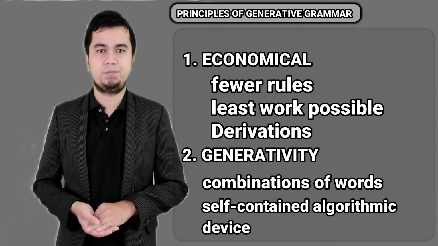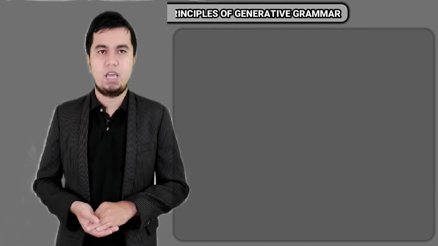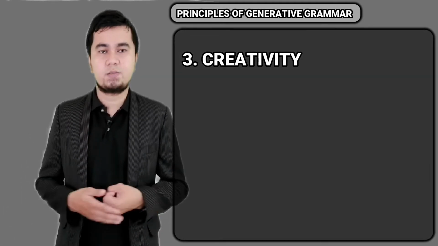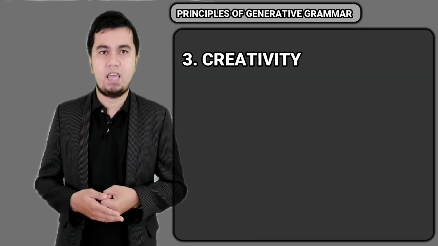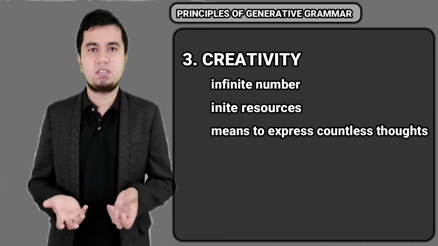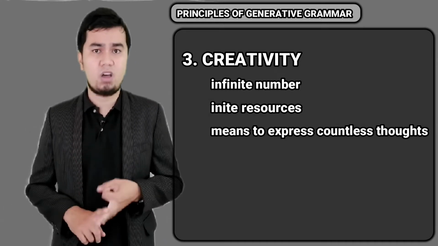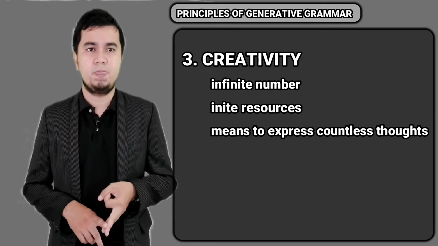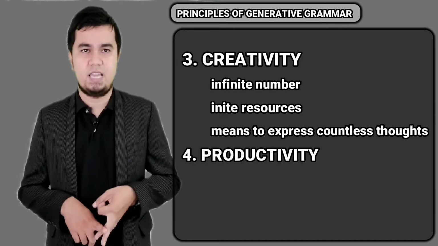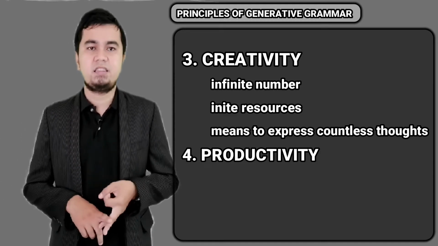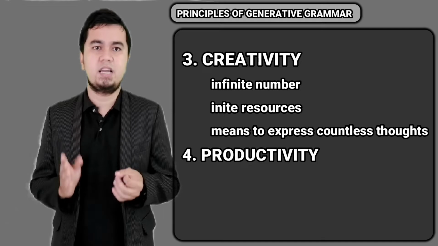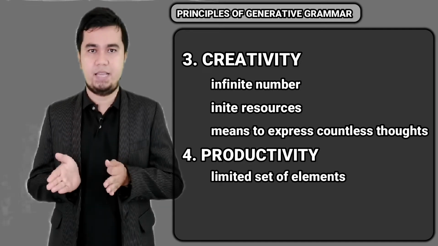Next principle is creativity, because generative grammar seeks to explain how speakers understand and produce an infinite number of sentences. This means to express countless thoughts. So that's creativity. The fourth principle of generative grammar is productivity, because of the ability to form new expressions using a limited set of elements.